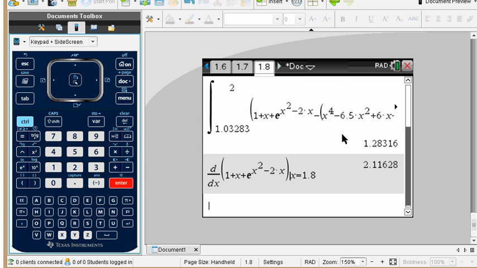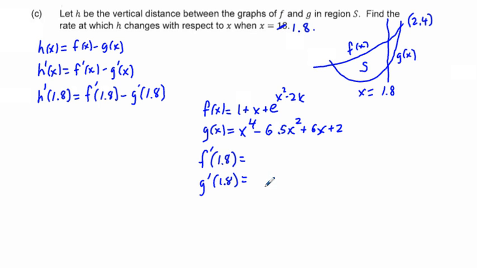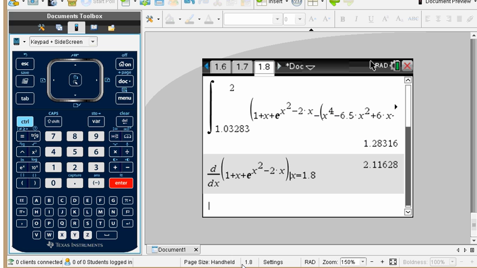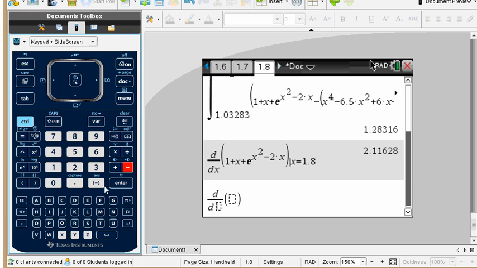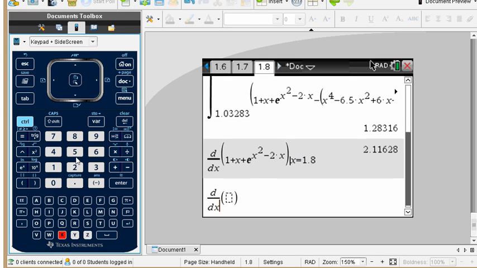And we're going to do similarly here for g prime of 1.8. So we press shift, minus sign, d/dx, and we put in, in this case, x to the fourth power minus 6.5x squared plus 6x plus 2.